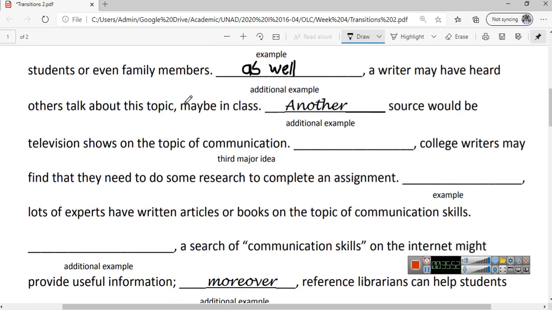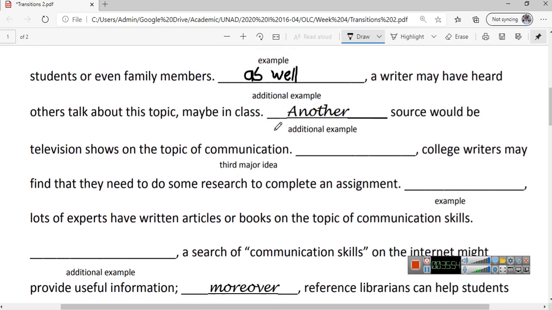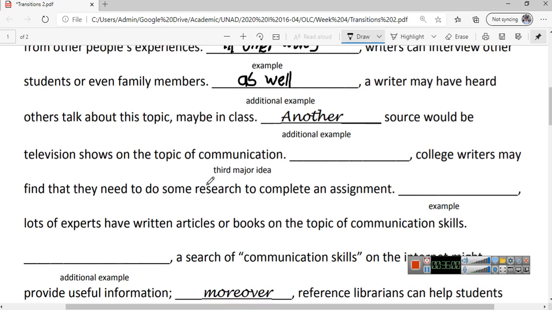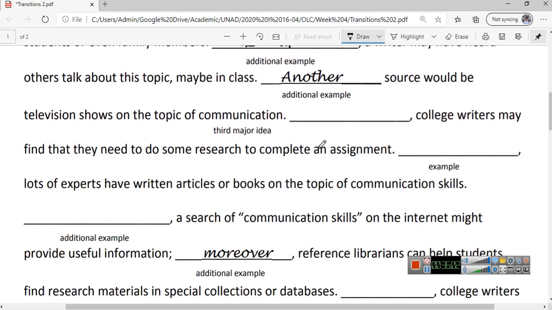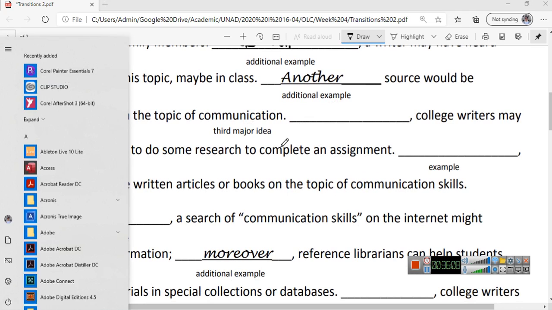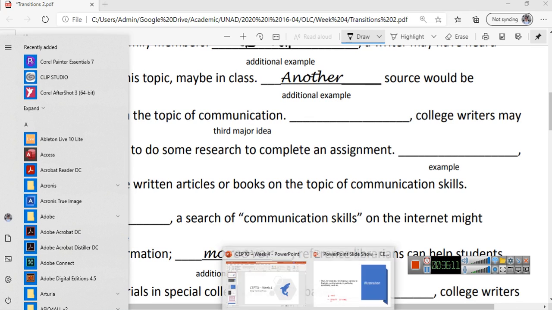Okay, this one is already done. So another source will be television shows on the topic of communication. Now, I need to start a new idea. So for that, I'm using, what's it called?